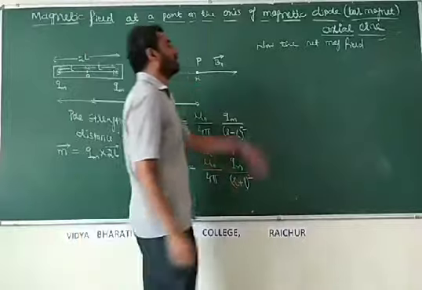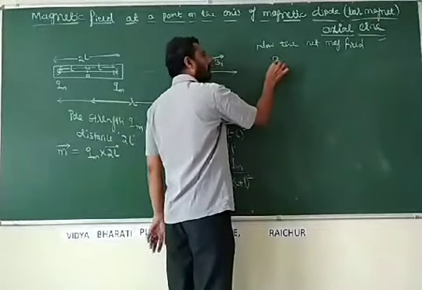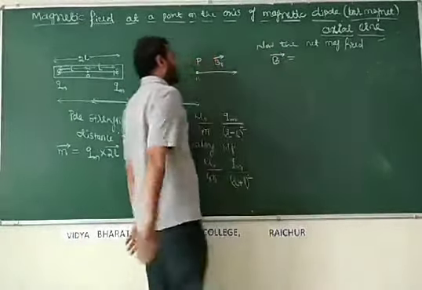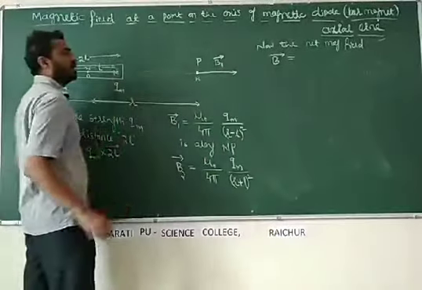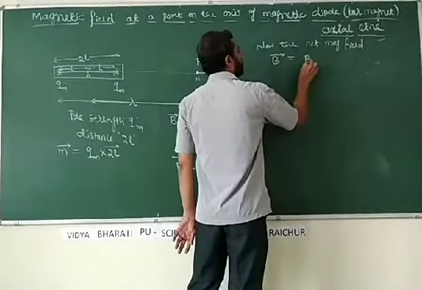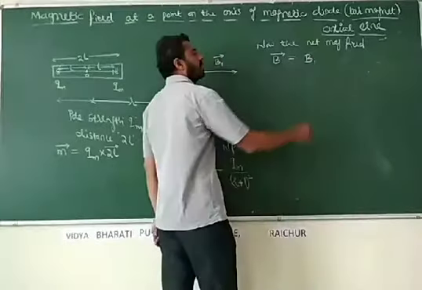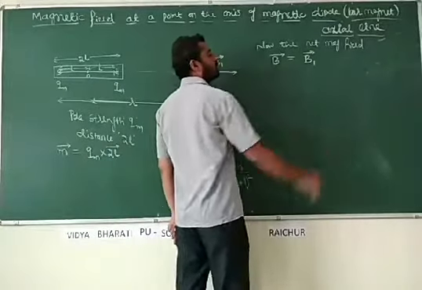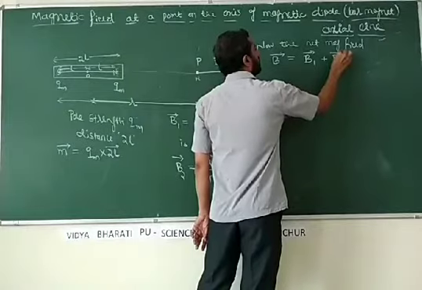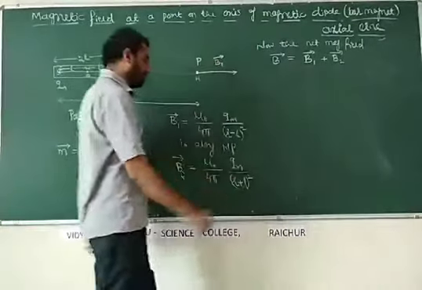Now the net magnetic field B at a point P due to both the poles of this dipole is B1, the field due to north pole at point P, plus the field due to south pole at point P.